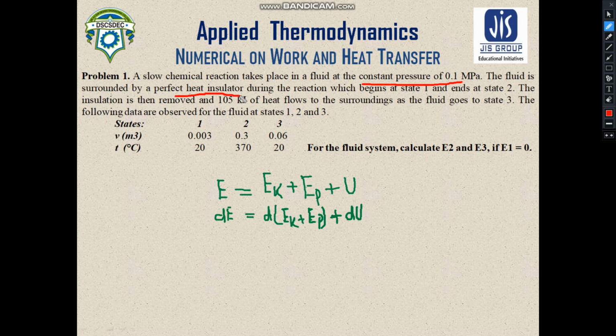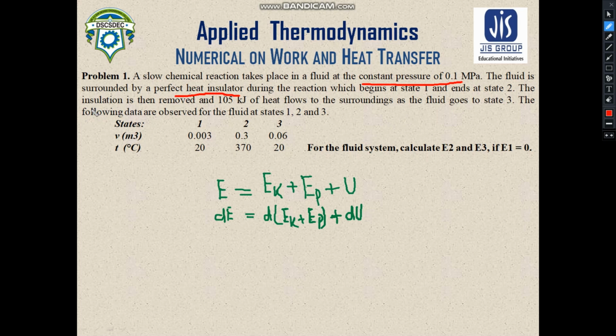That means no heat can pass through, so no heat transfer is allowed. That means it is an adiabatic process. So for the process 1 to 2, it is an adiabatic process.